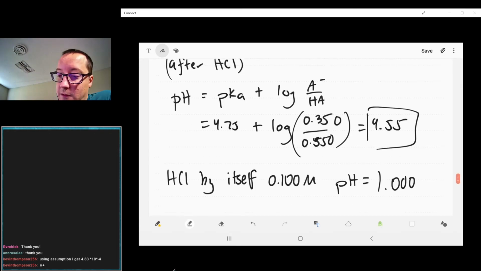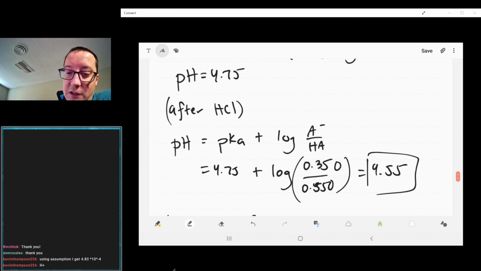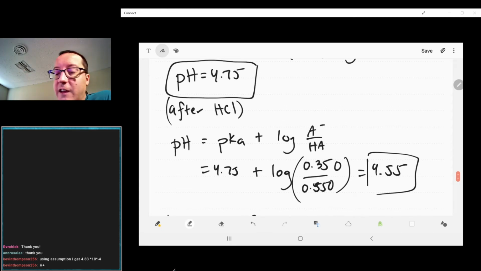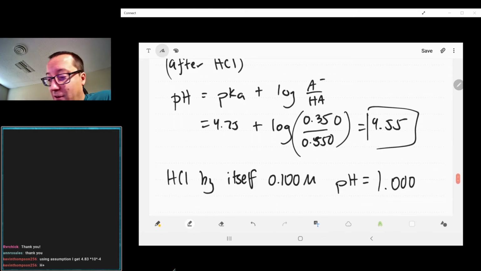And so we saw that our solution before had a pH of 4.75. We're mixing it with a solution that either had a pH of 0 or 1. I don't remember. I could easily scroll up, but doesn't matter. But we end up with a solution that has a pH of 4.55. Much, much closer to our original buffer pH than this acid that we've added.